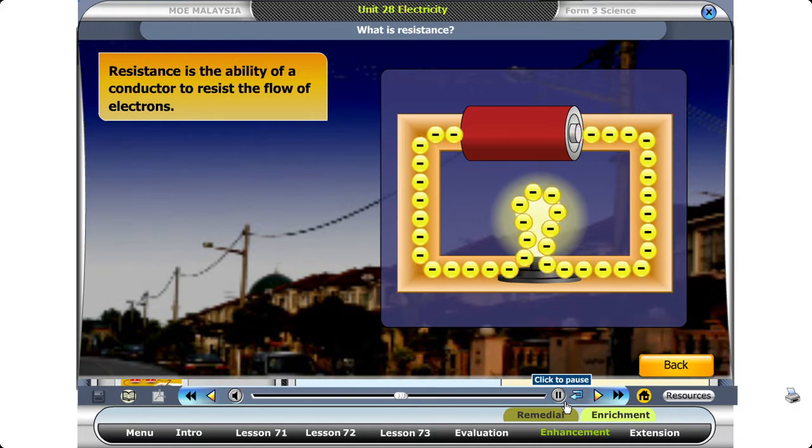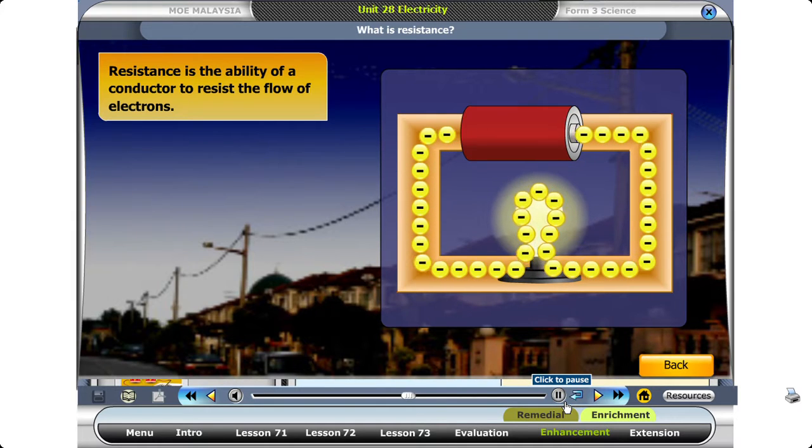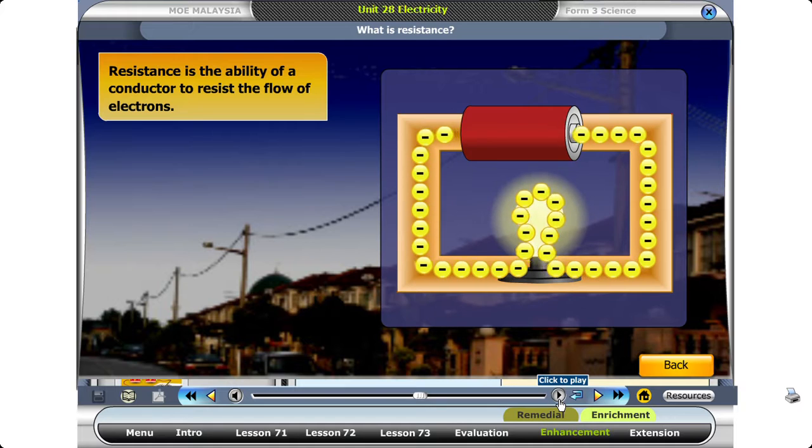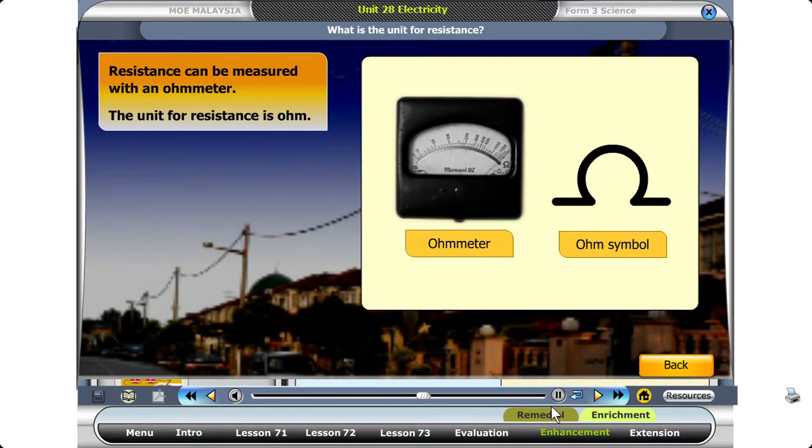Resistance is the ability of a conductor to resist the flow of electrons. Resistance can be measured with an ohm meter. The unit for resistance is ohm, represented by the symbol omega.